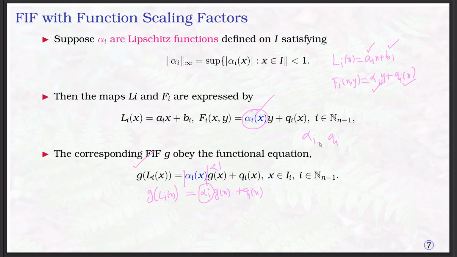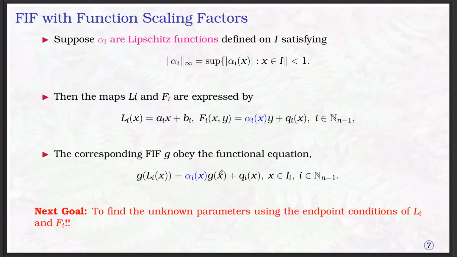Now, the question is how to determine all these parameter values, so that we can easily generate the fractal interpolation function for the given data points. That we will discuss in the next lecture. The next goal is to find the unknown parameters using the endpoint conditions of Li and Fi. Thank you.